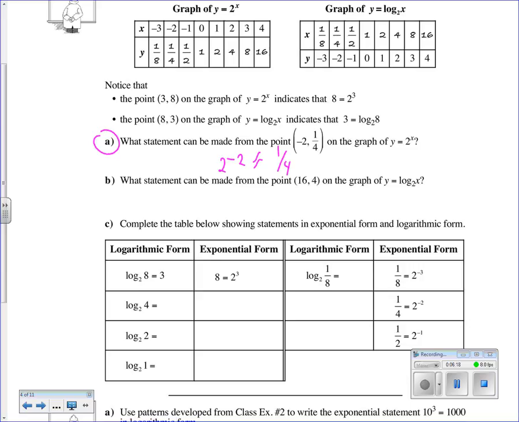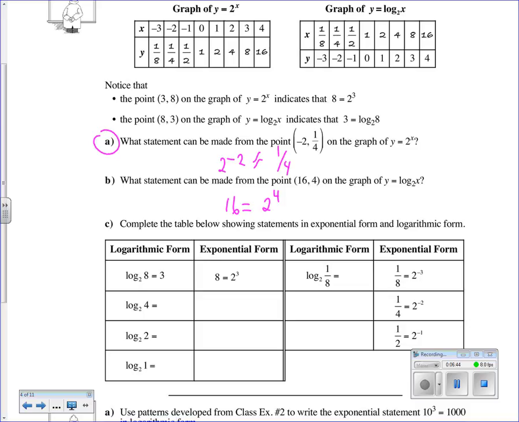When I look at the log statement, then the statement is a little bit different. What's that telling me? It's telling me that the number 16 is a result of 2 to the power of 4. So 2 to the y value is equal to my x value.